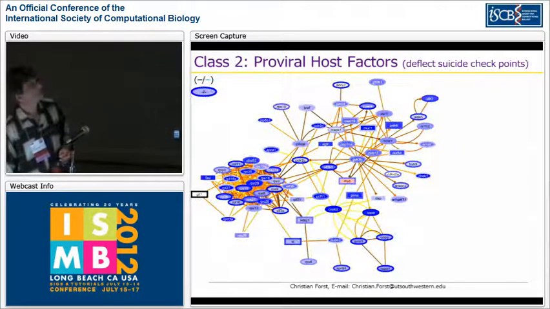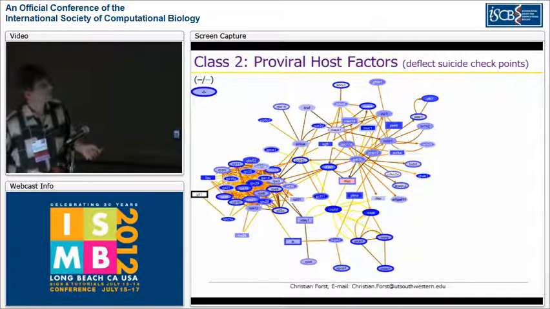For class 2, which are more or less all the right color, both negative in host cell survival as well as in viral replication.